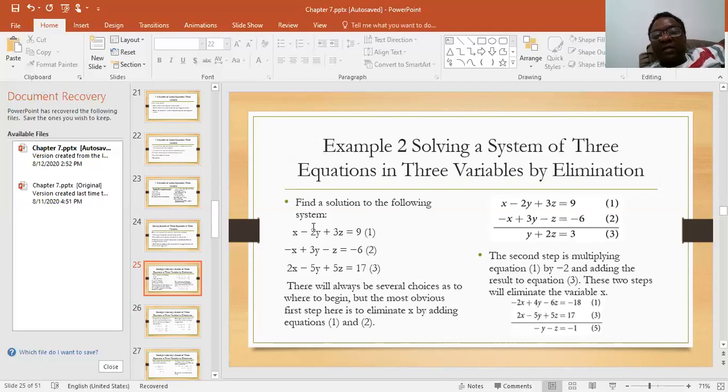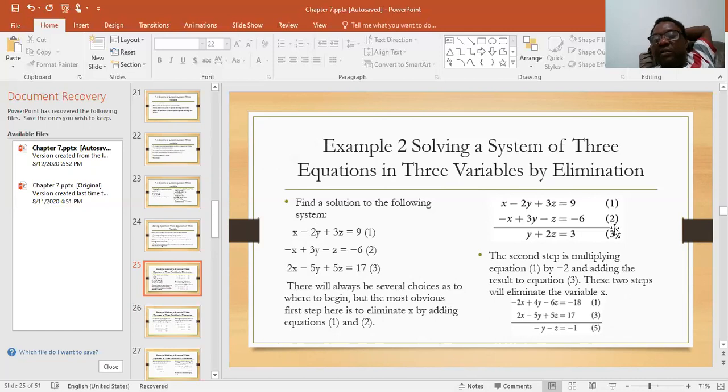Next, we can eliminate x again, in equations 1 and 3, by multiplying equation 1 by minus 2, and then get another equation in y and z, which is minus y minus z equals minus 1. That is, y plus z equals 1. Now we have a system of equation 4 and equation 5.